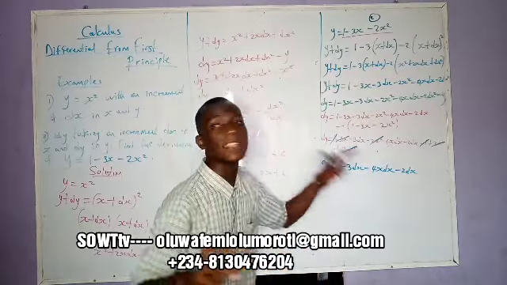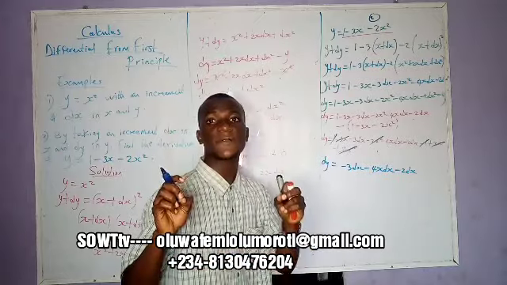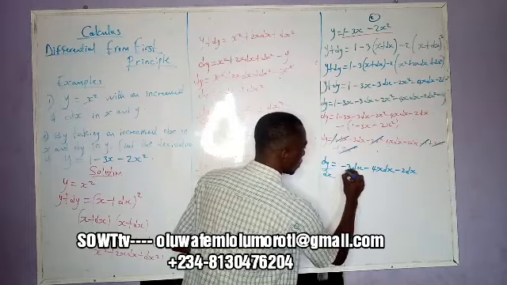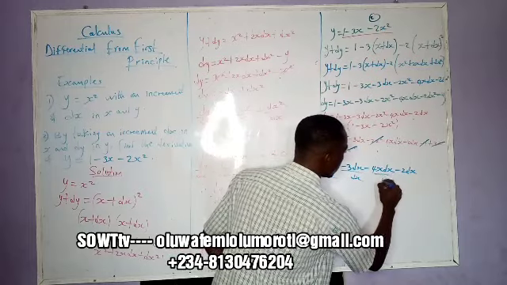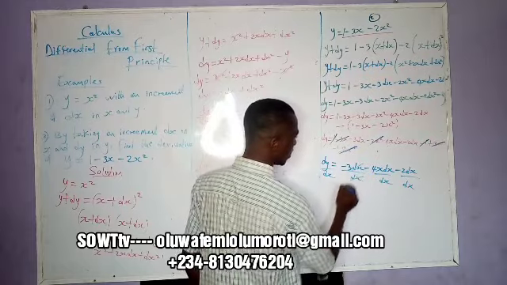Now we go to the third step. The third step is to divide all through by dx. Divide all through is different from divide both sides. So we have dx, dx, dx, and then dx. So dx cancels dx here.